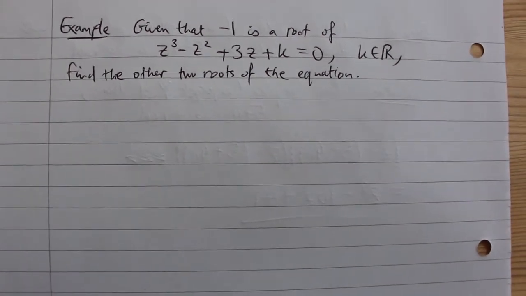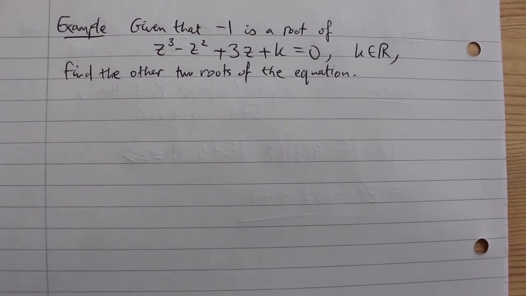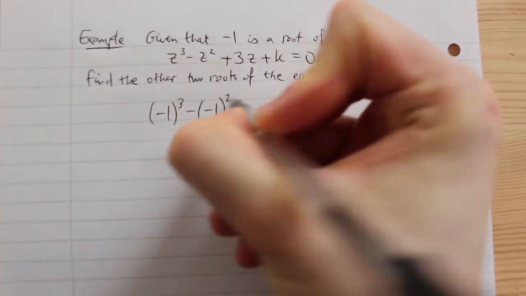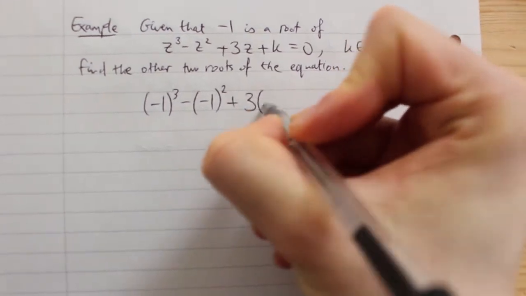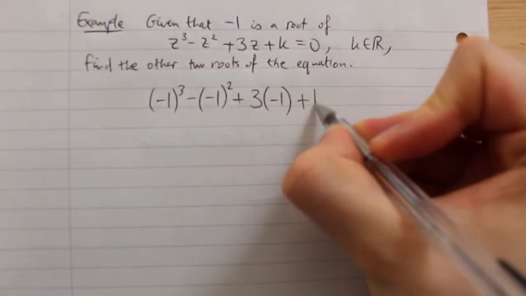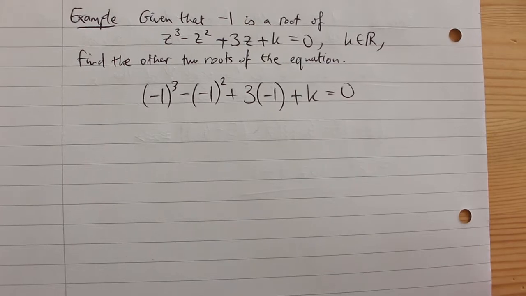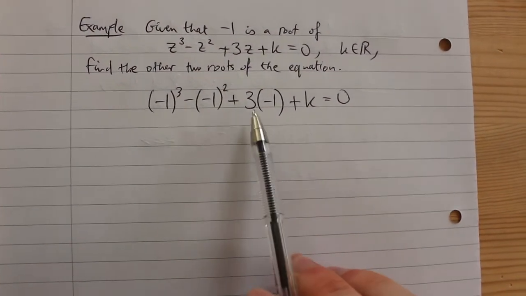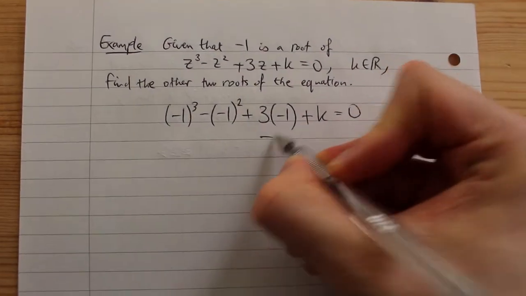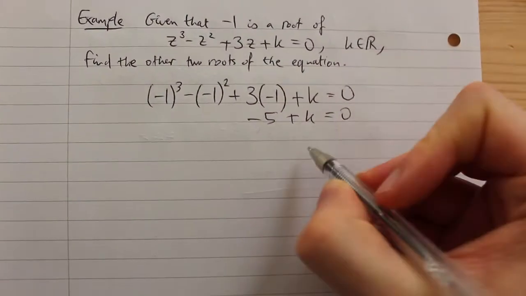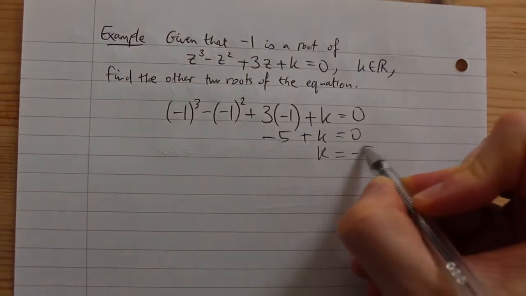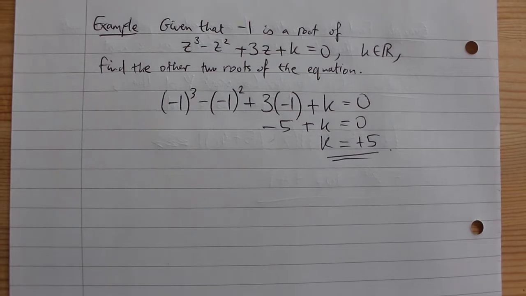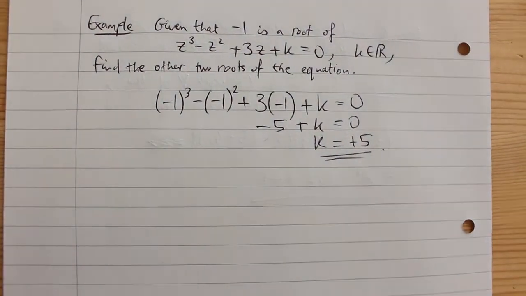So if we substitute -1 into the left-hand side, we get (-1) cubed minus (-1) squared plus 3 times -1 plus k equals 0. If we rearrange this, we've got -1, -1, minus 3, so -5 plus k equals 0. So k is plus 5. So we found k. Now we need to find the other 2 roots.